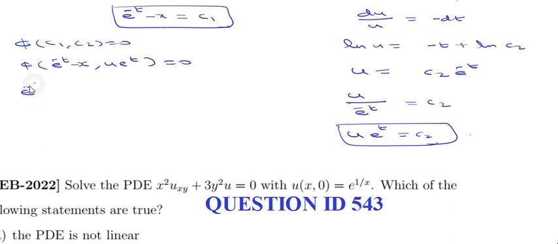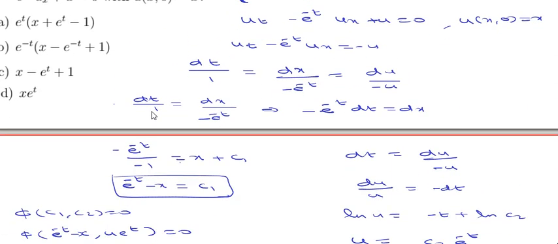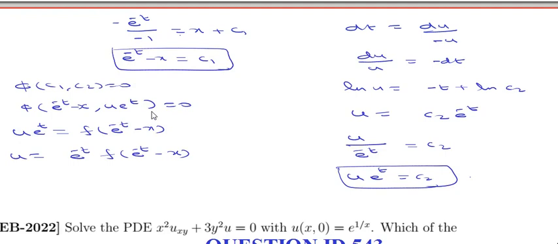So therefore, u e power t equal to f of e power minus t minus x. So therefore u equal to e power minus t f of e power minus t minus x. So we need to find this f. This f can be found out using the condition u of x comma 0 equal to x.